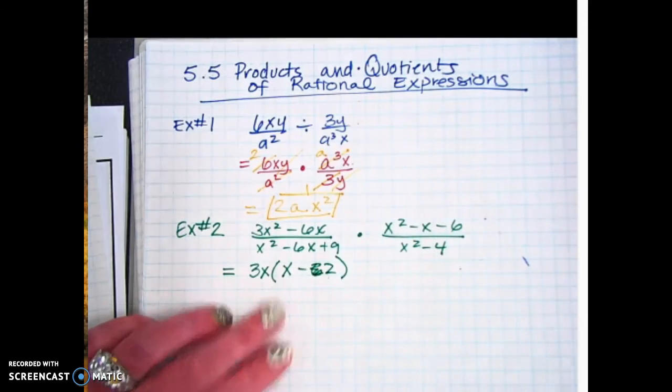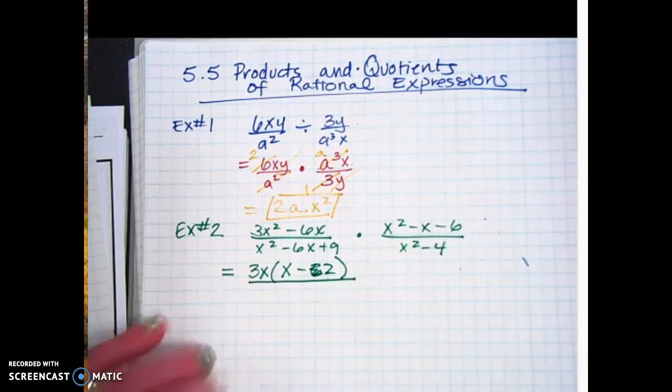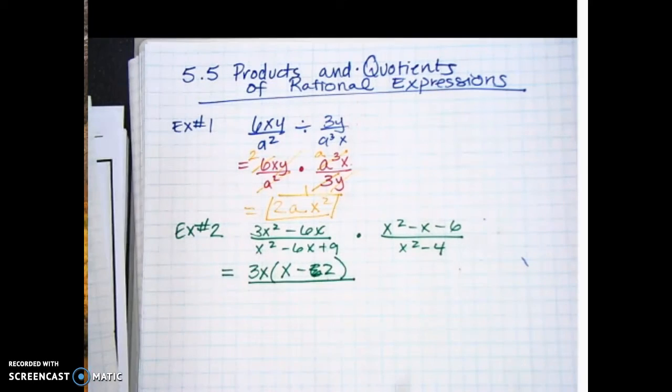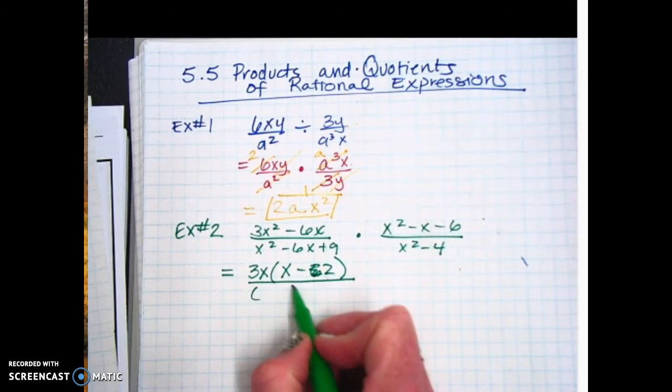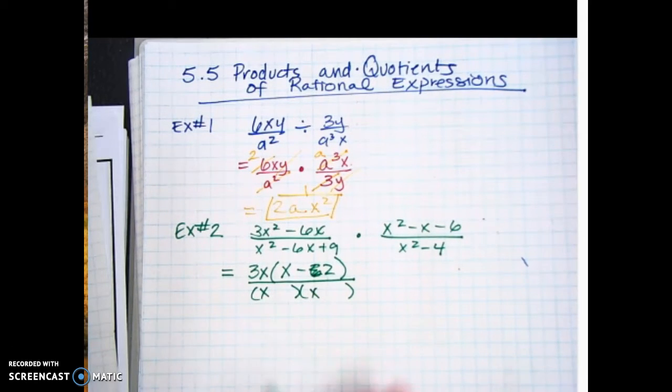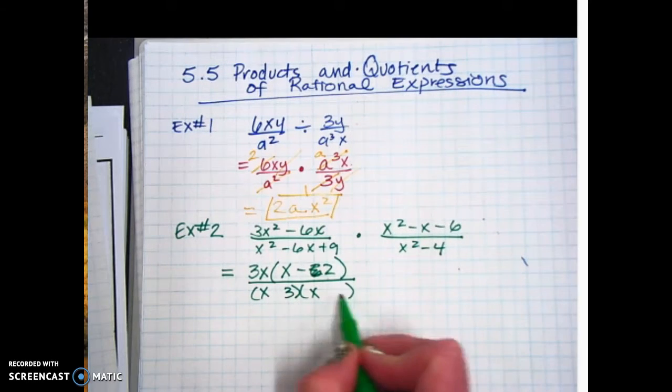Now let's check out the denominator. Is there a GCF? No GCF. How about a special pattern? Yes, perfect square and perfect square. So this is going to factor to the square root of x squared, which is x and x, and the square root of 9, which is 3 and 3.